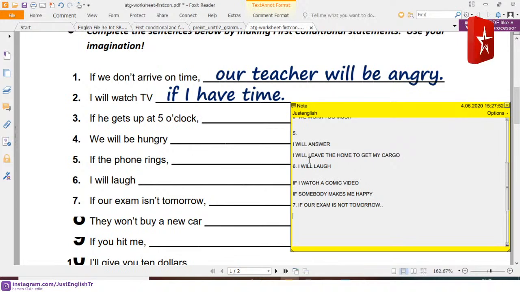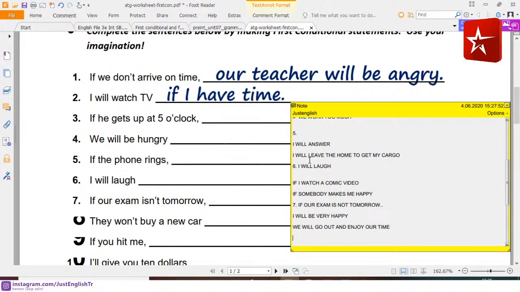If our exam isn't tomorrow, I will be very happy. That is the answer from Gülsapa. Gülsapa says, we'll go out and enjoy our time. Wow, that is the correct answer.